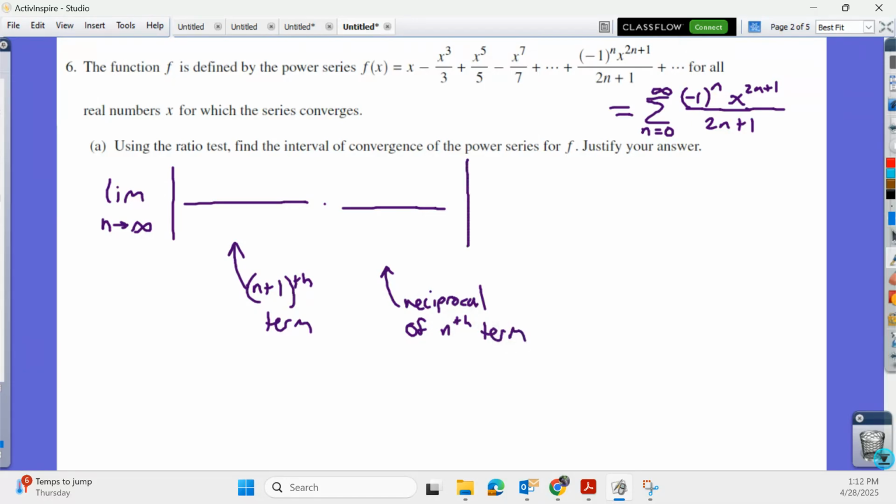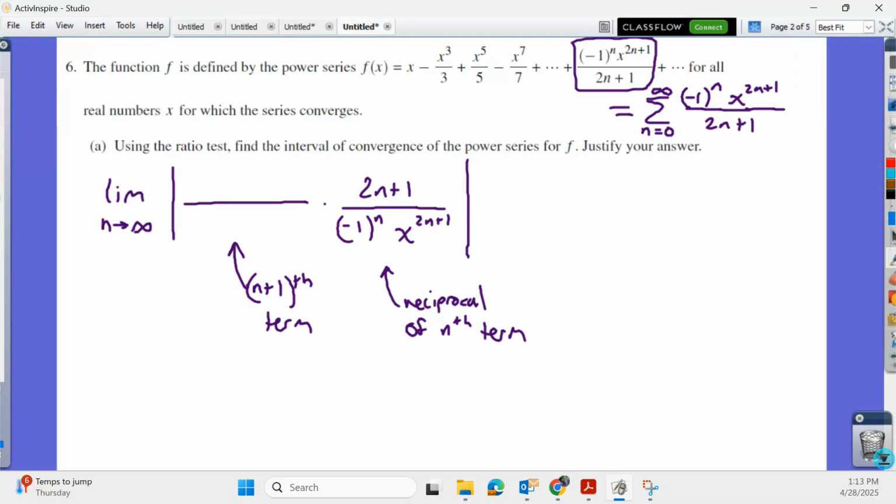So this is my setup, the basic idea. That nth term, I'll start there because I have it. This is the nth term, and I want the reciprocal of it, so I'm just going to flip it. I'm going to put the 2n plus 1 on top, and the (-1)^n times x^(2n+1) on the bottom.